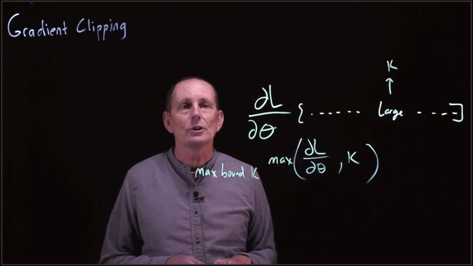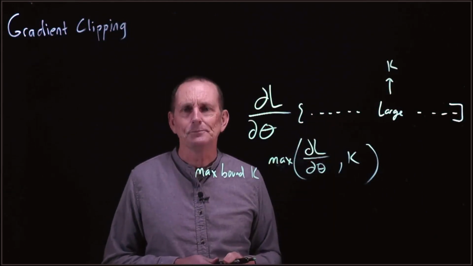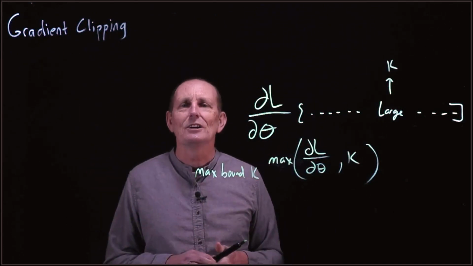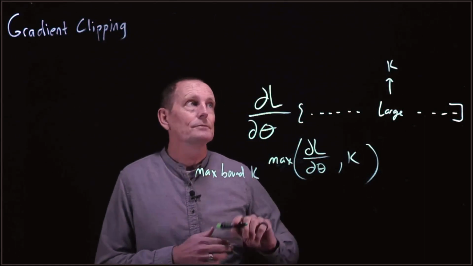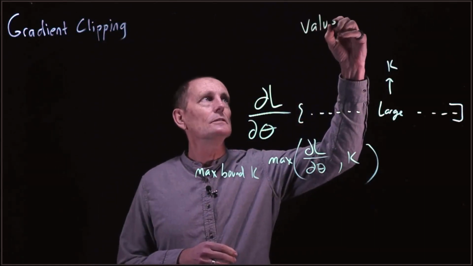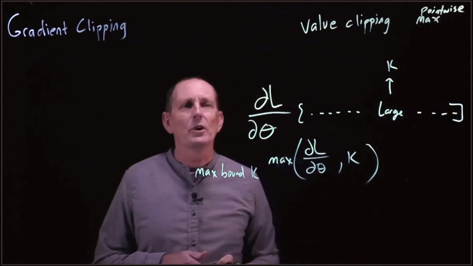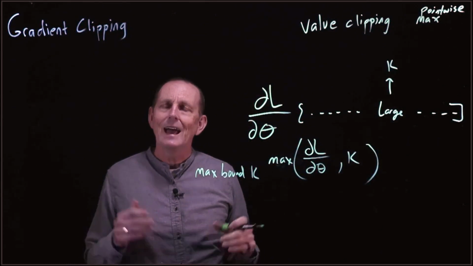That ensures none of the individual values in this gradient vector are larger than k, and our hope is that we'll remove this positive feedback loop. That works. That's called value clipping. We just do some pointwise max of the tensor that is the gradient.